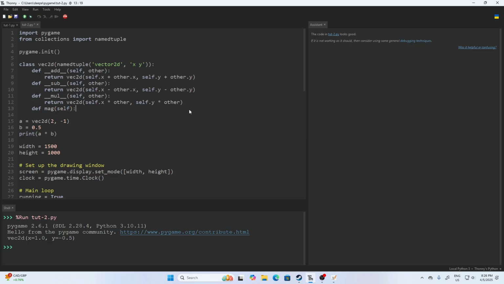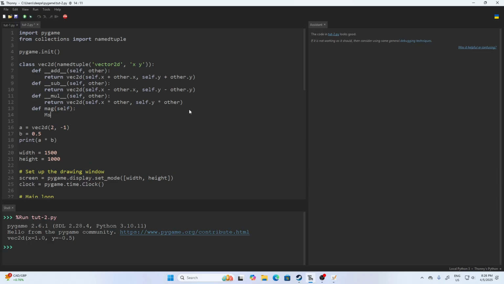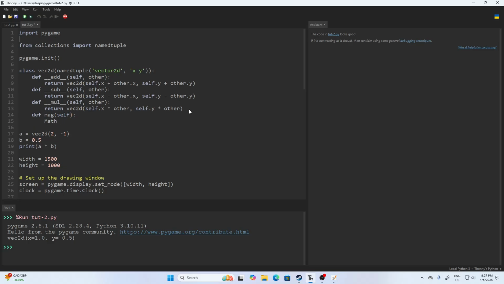And then how do we find the magnitude? We need to do math.sqrt, so we need to import math. Import math is a package, right? In the package, it's math.sqrt, a function.